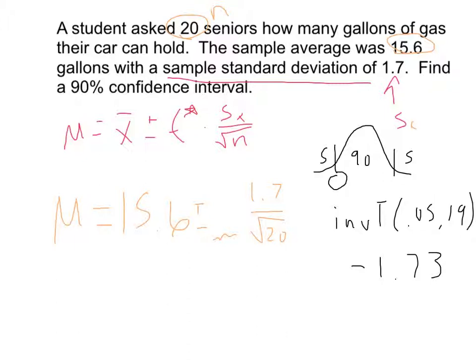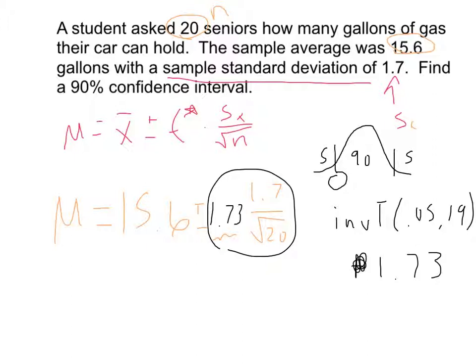And that is a t value, which is kind of like a z-score. And that's what we're going to plug in for our t-star. Since it's plus or minus, we don't really care about that minus sign out front, so we put in that 1.73 right here. And now we just have to clean up this part of the equation. The 1.73, our t-star, times 1.7 divided by the square root of 20.